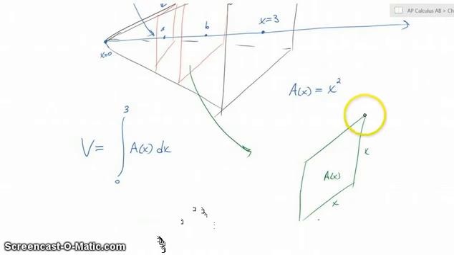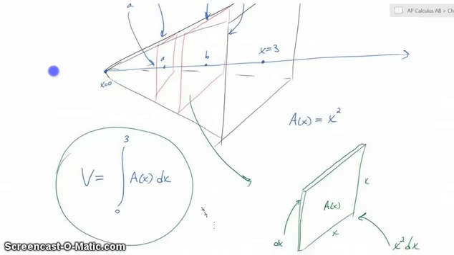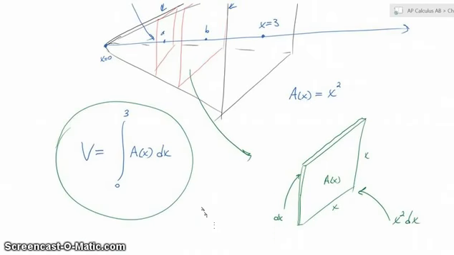And we could make our infinitesimally small bit of volume by giving it a thickness, and the thickness is dx. So the volume of this piece is, in this case, x squared dx, and so we're using the integral to sum all of those little pieces together between 0 and 3.